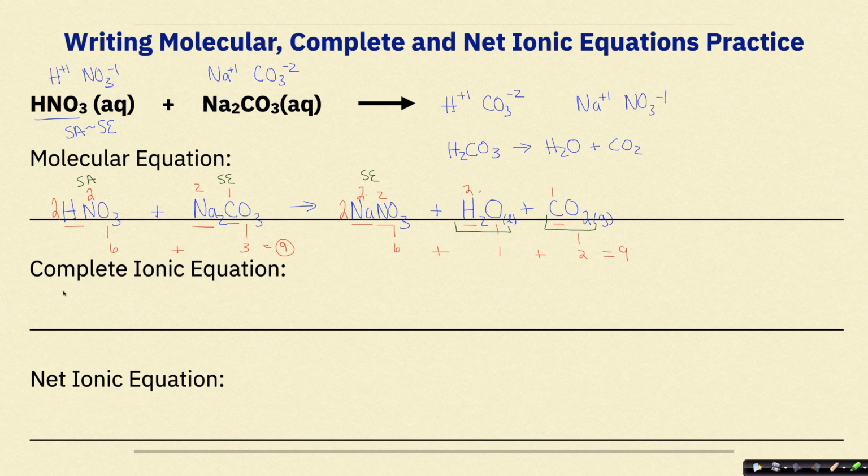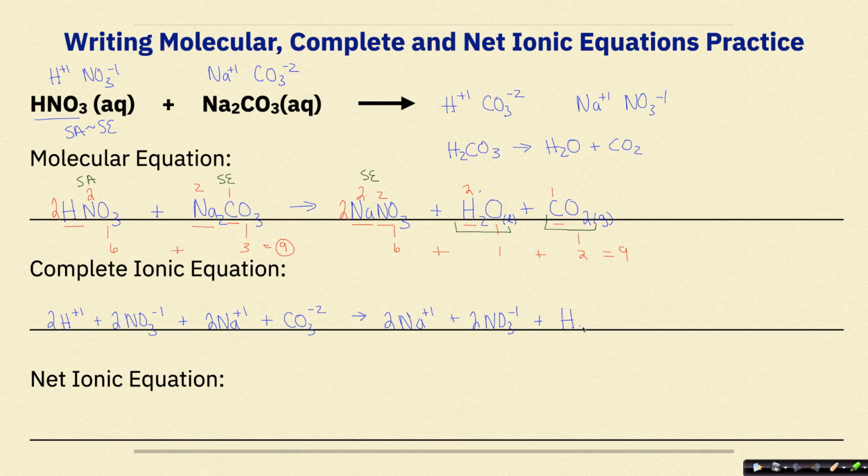Now for our complete ionic equation, we're going to write 2H+1 plus 2NO3-1 plus 2Na+1 plus CO3-2 arrow 2Na+1 plus 2NO3-1 plus, hey, there's water.